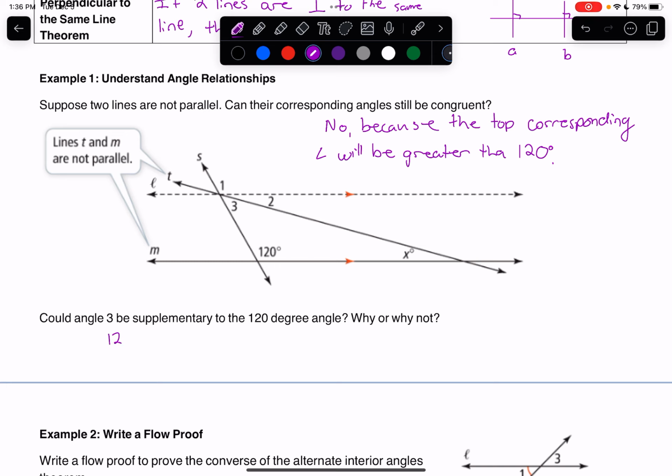The 120 degree angle plus angle x plus angle 3 together equals 180 degrees, because those are the 3 angles in a triangle, which means that just 2 of those angles, 120 plus angle 3 together, they cannot equal 180. They have to equal less than 180 in order to, when we add x to them, equal 180 degrees and make that triangle. All right, let's keep going.